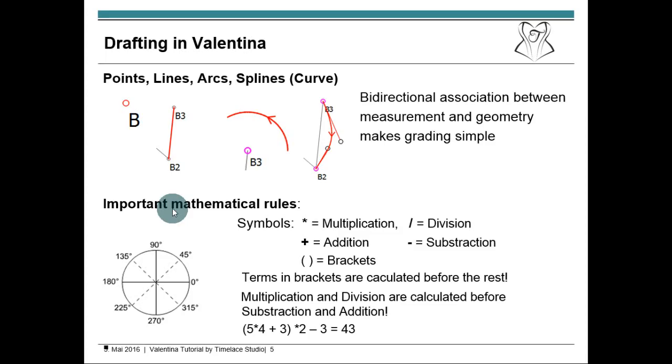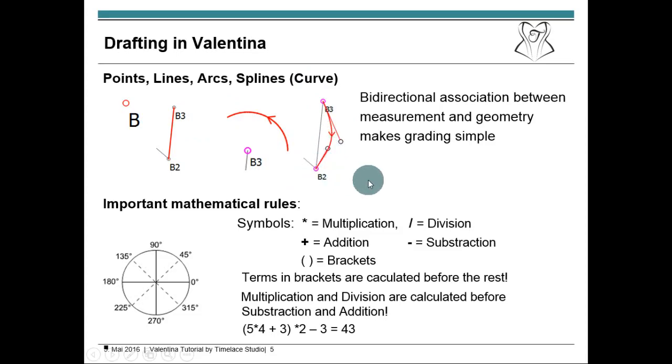And now I want to talk a bit more about how drafting in Valentina works. These are some important things you should know before you actually start drafting in Valentina. It will go much smoother then. So as I said before, you can do points, lines, arcs and splines. These are curves.